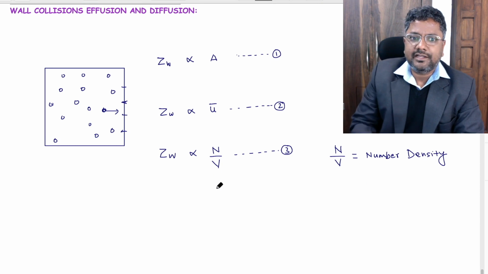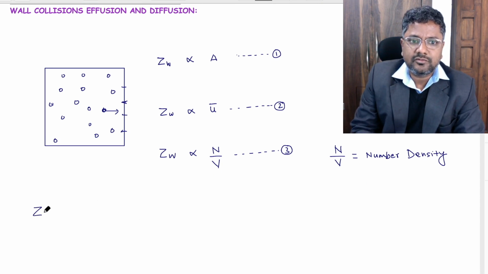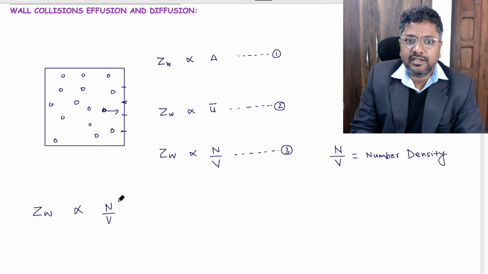So we can write here ZW, meaning collision with the wall, is equal to N by V, number density, into U average.